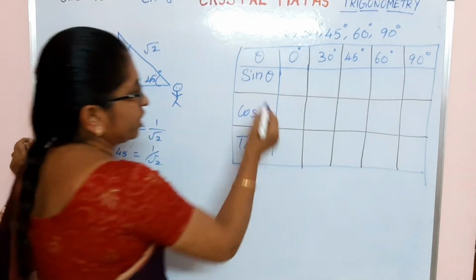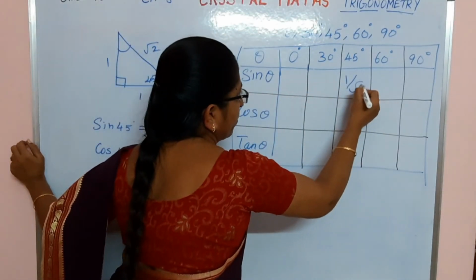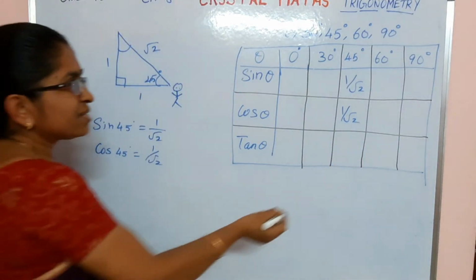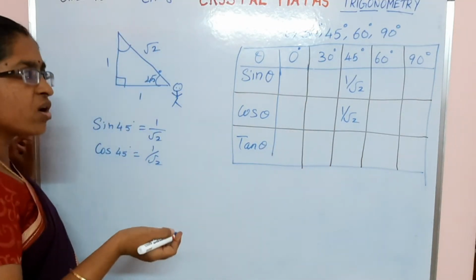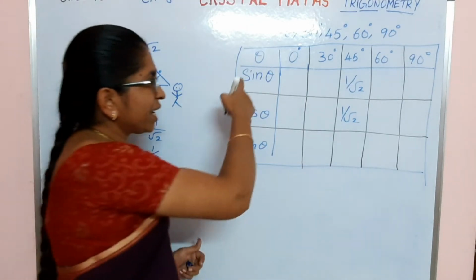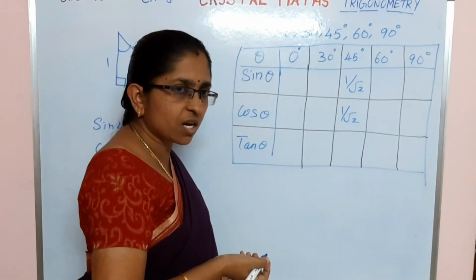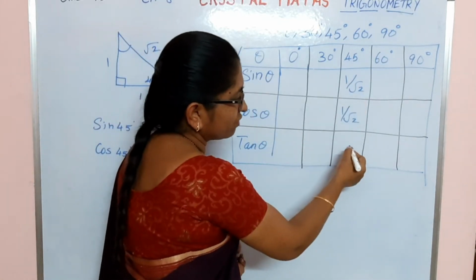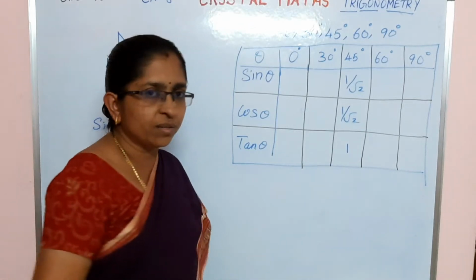We can write it here. Sine 45 is 1 by root 2, cos 45 is also 1 by root 2. What is tan 45? Tan 45 is nothing but sin theta by cos theta, as we saw before with sin C by cos C. Now I mentioned theta, so sin theta by cos theta. If we divide, we get 1.